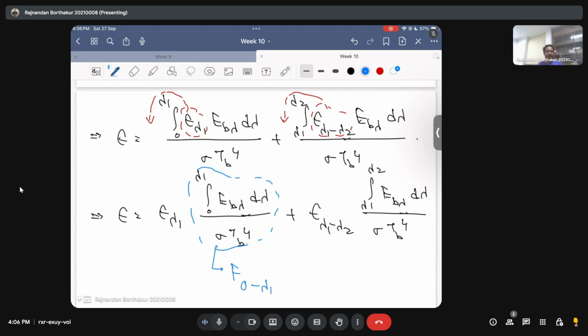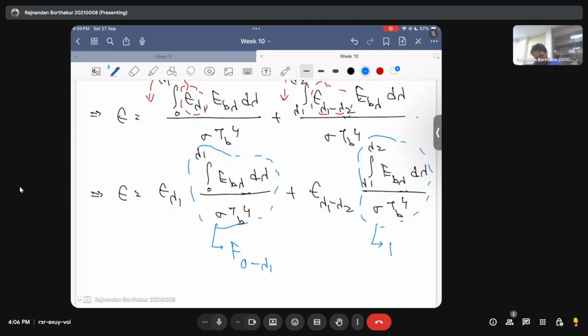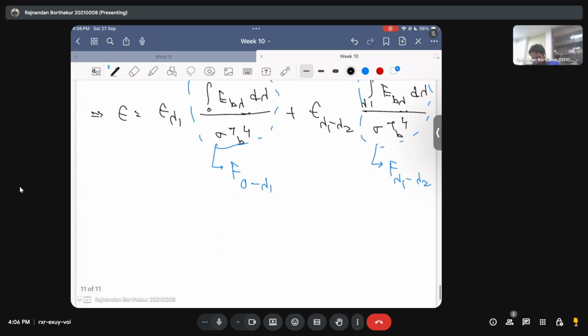Similarly, from the definition of the band emission function, this thing just becomes f lambda 1 to lambda 2. So I can equivalently write the total hemispherical emissivity as the spectral emissivity for lambda 1 times f 0 to lambda 1 plus epsilon lambda 1 to lambda 2 times f lambda 1 to lambda 2.